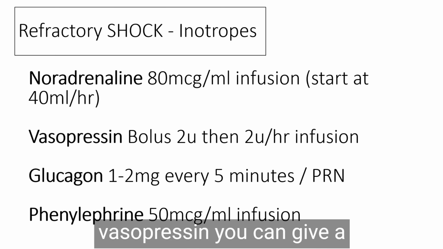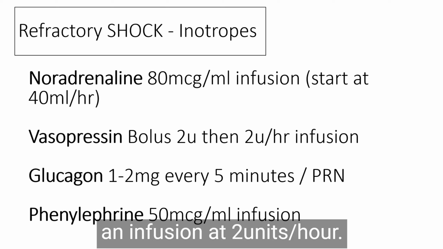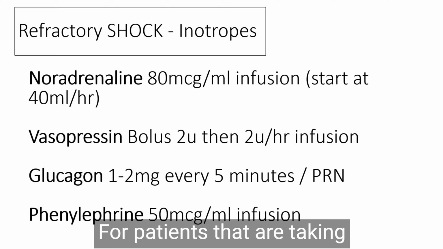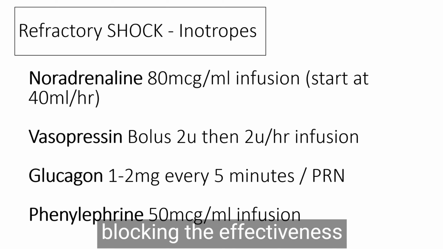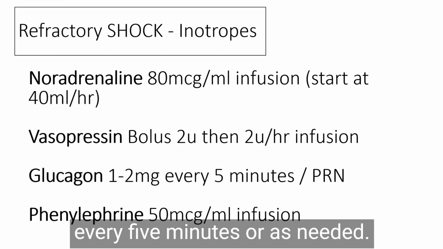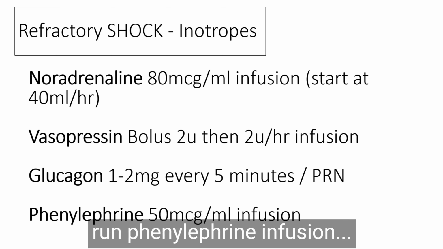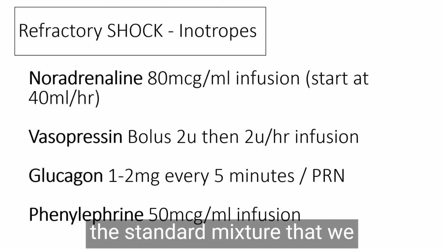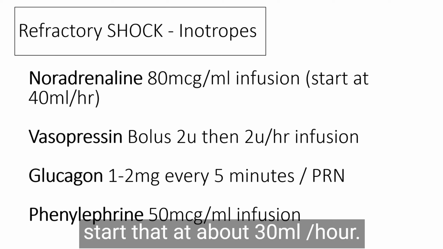If you have access to vasopressin, you can give a 2-unit bolus and then start an infusion at 2 units per hour. For patients taking beta blockers that may be blocking the effectiveness of adrenaline, one can give glucagon boluses of 1 to 2 milligrams every 5 minutes or as needed. And if you have no other options, you can run a phenylephrine infusion, the standard mixture that we create in theater, and I would start that at about 30 mils an hour.